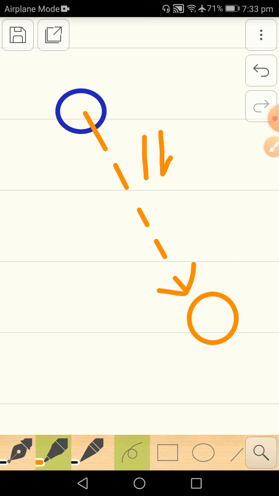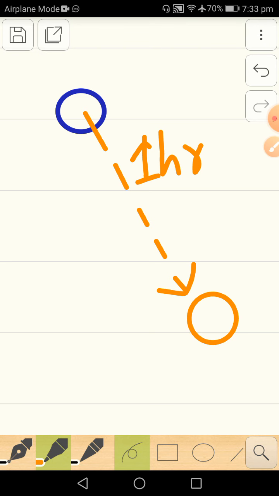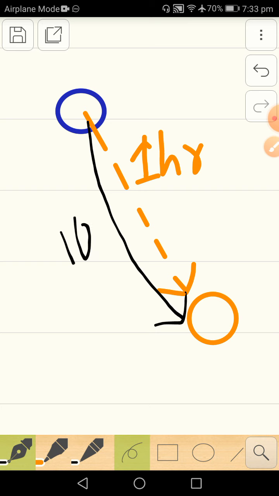For example, it takes 1 hour, but you have called an Uber or a taxi that takes you to the school within 10 minutes. So look, the starting point and the ending point is the same.